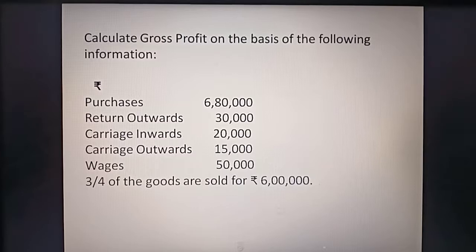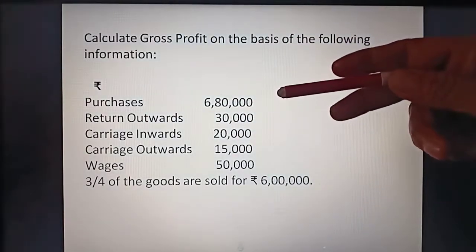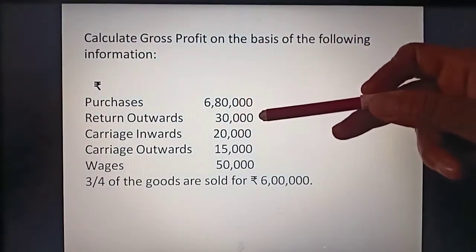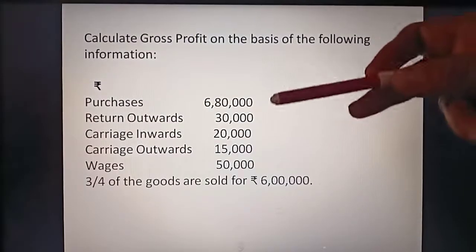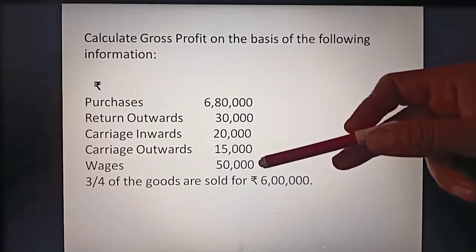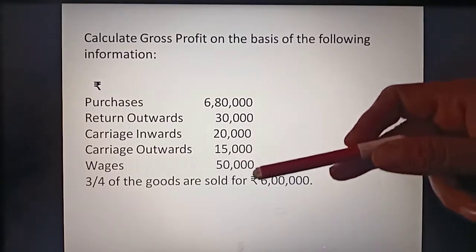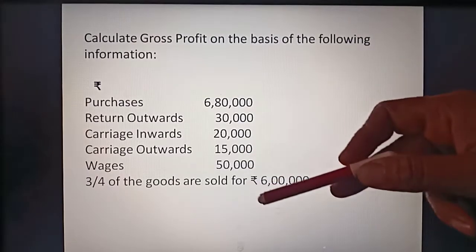Now, the next question: you have to calculate gross profit on the basis of the following information. Purchase is 6,80,000. Return outward, which means purchase return. Carriage in, carriage outward, wages. And 3/4 of the goods are sold for 6 lakh, which means this is the sale.